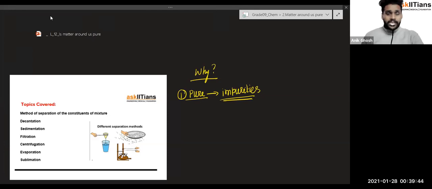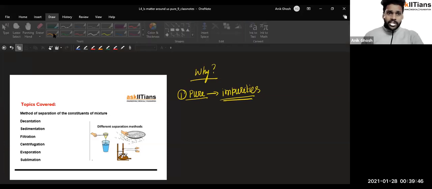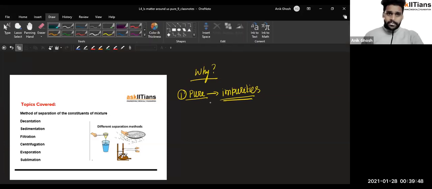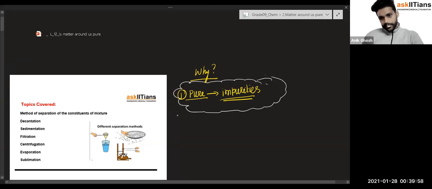Apart from that, what else? So think about it. This thing is clear, I guess. Apart from that, in what cases do you need to separate out the mixtures? There are so many reasons behind it, right?